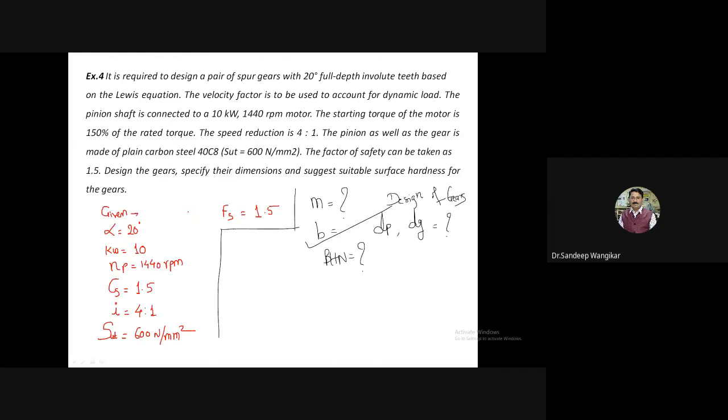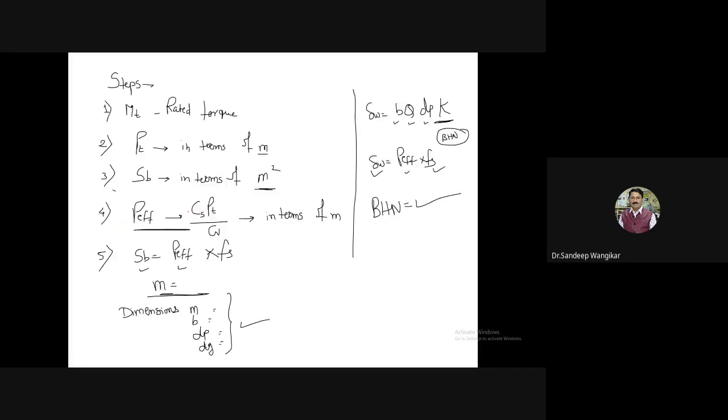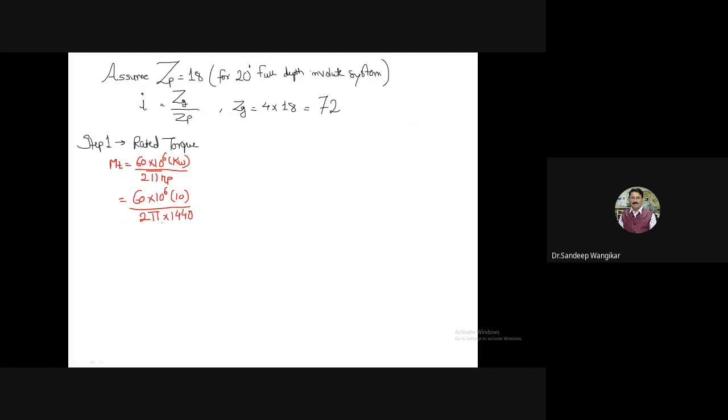Let us check what is given. RPM 1440 and power 10. So if I substitute all the values, I will easily get the value of MT, and you will get the answer in Newton millimeter. What is the answer for torque to be transmitted, MT?